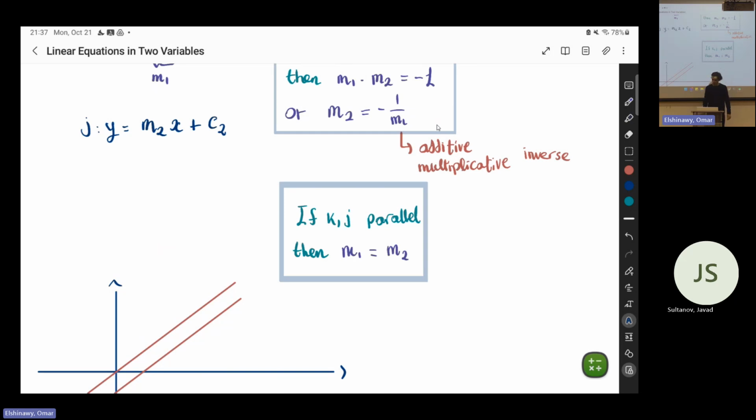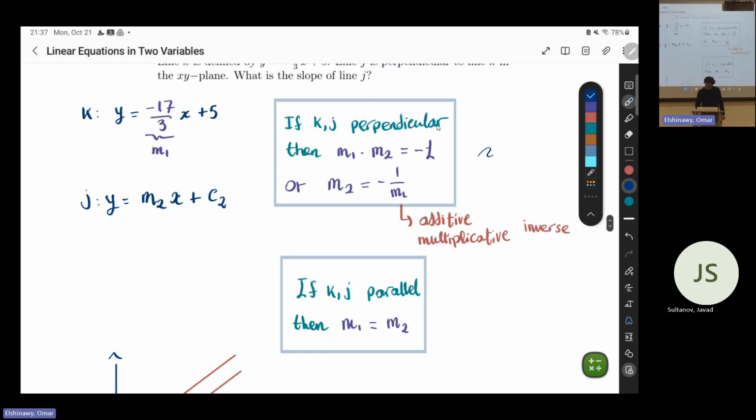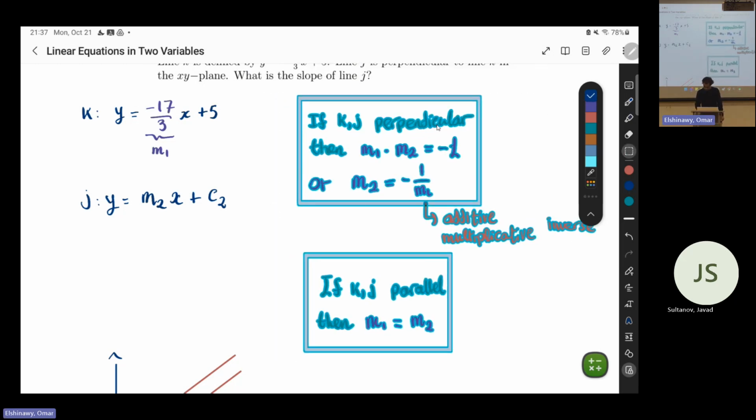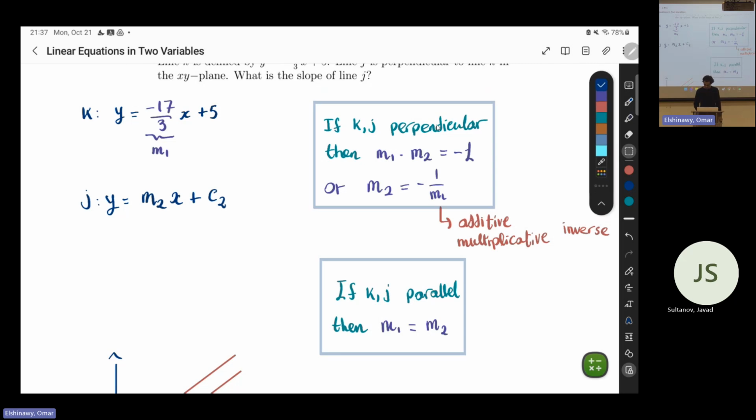And if you have two lines which are perpendicular, this is a bit more difficult to remember. I would actually love to talk about why this other relation is true, but I don't think we'll have time right now. Maybe we can talk about it after class. But these should be the cues. Perpendicular, you flip the slope, and you take the additive inverse.